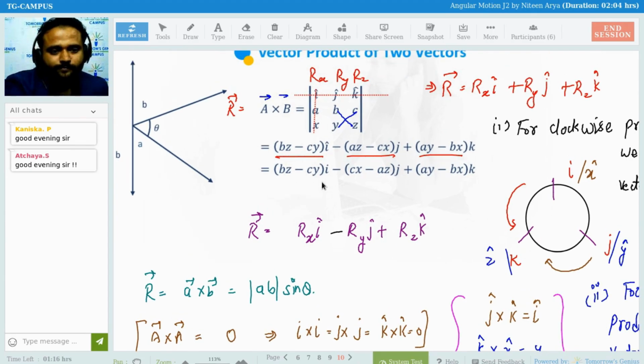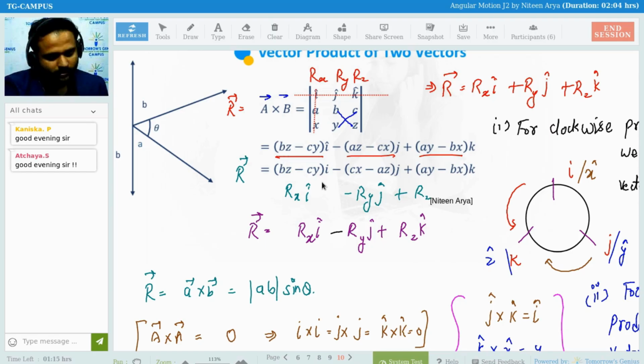One more thing you can understand, as we know this is r equals rx i plus ry j plus rz k. Okay, if you are finding this and in rz you get a z anywhere, you are making some mistake. As you can see, in rz there is no z component, in ry there is no y component, in rx there is no x component. Clear?